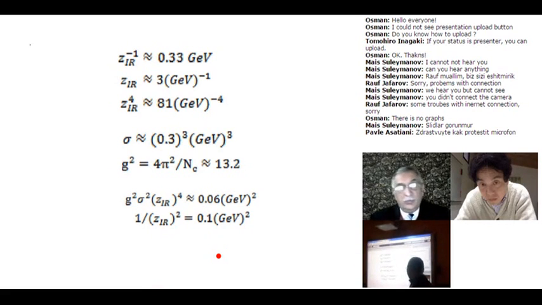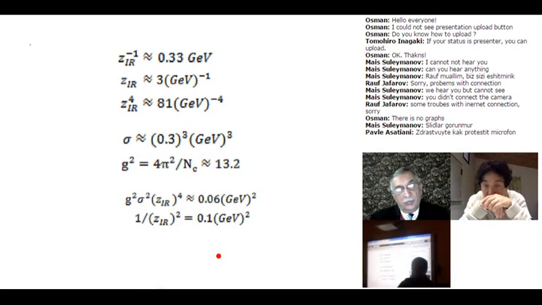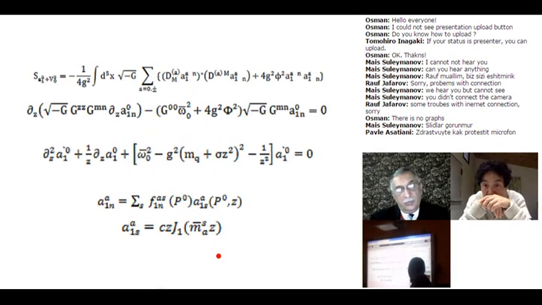Next slide. We take the values of these terms. We see that one divided by z_IR squared is more than this term. Previous slide, please. So in the equation we see that this term, in fact, even at the IR limit, is less than this term.